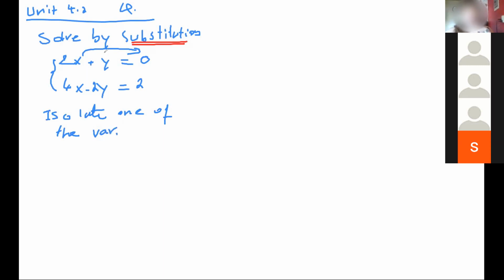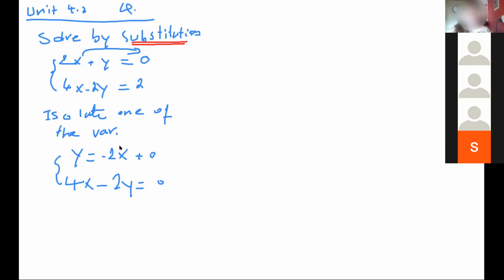Again, this one seems easy to isolate, but you can isolate any of these. So it turns into plus y. And 2x, if you move it to the other side, becomes negative 2x. And you can ignore the 0 because 2x plus 0 will be just 2x. The other one, you don't have to do anything to. Just substitute one variable in one equation.